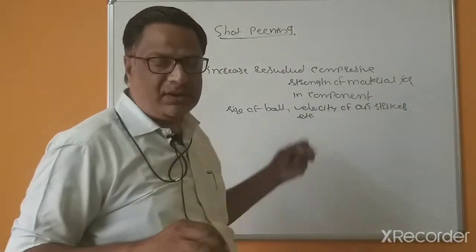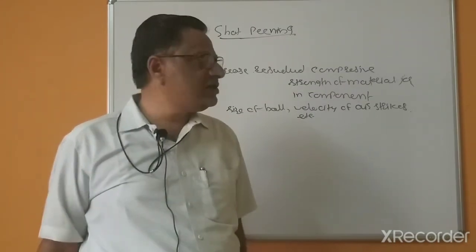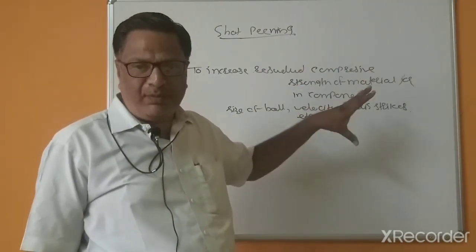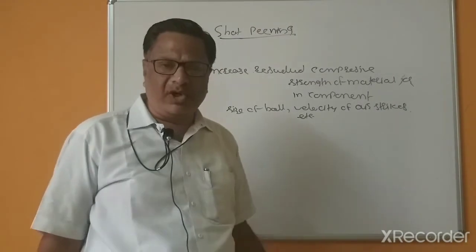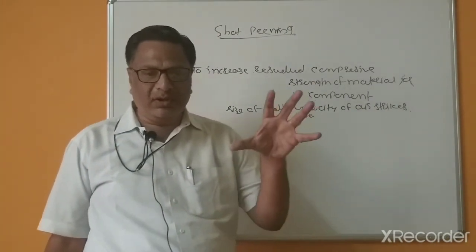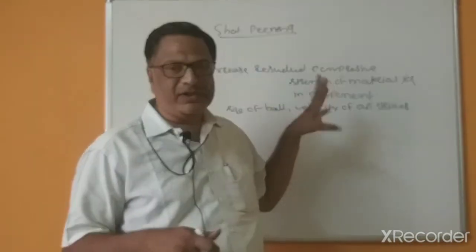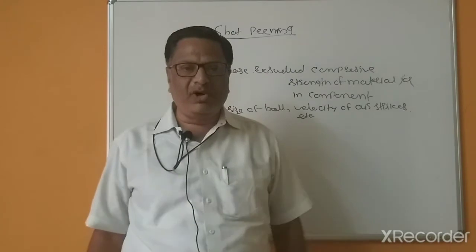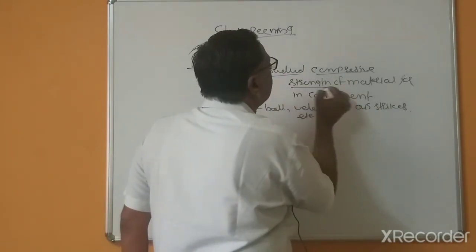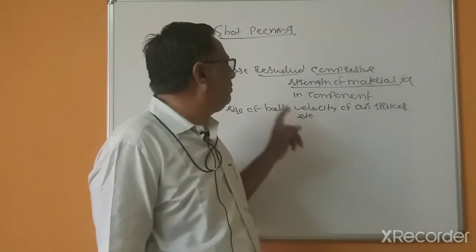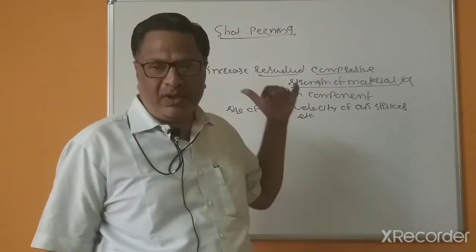Such small balls, by using pressurized air, can be struck on the components or springs. Infinite balls strike continuously on the components stored in vessels that are rotated. Because of the continuous striking of the small balls, the residual compressive strength of the materials increases. This is the shot peening method.